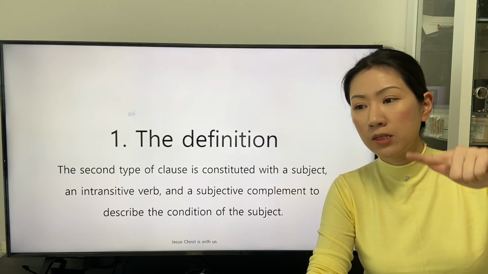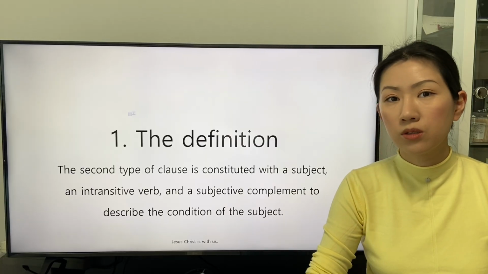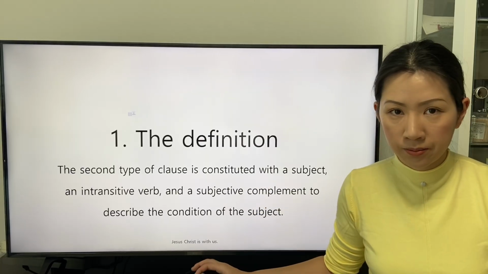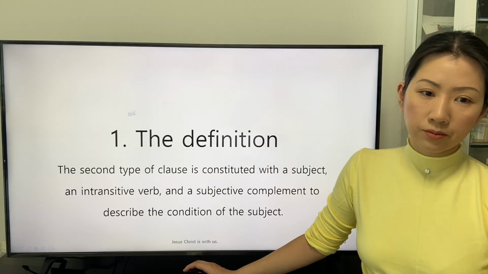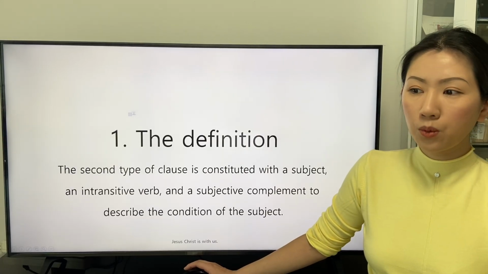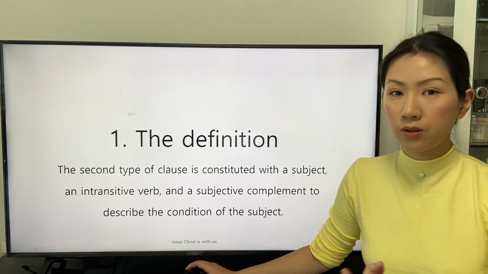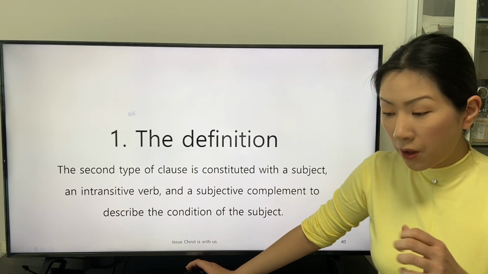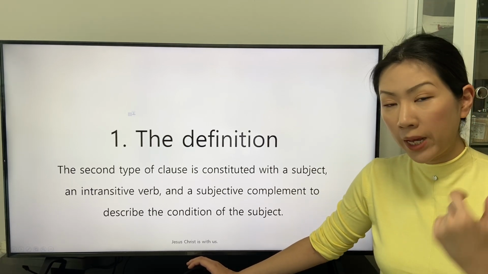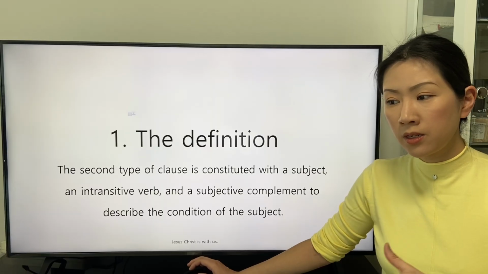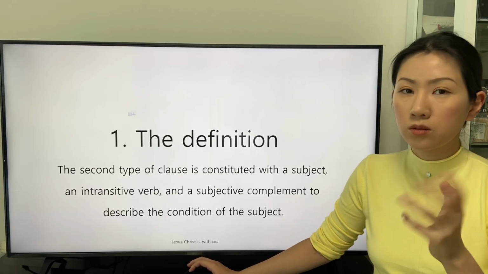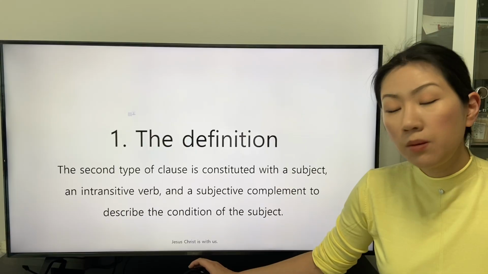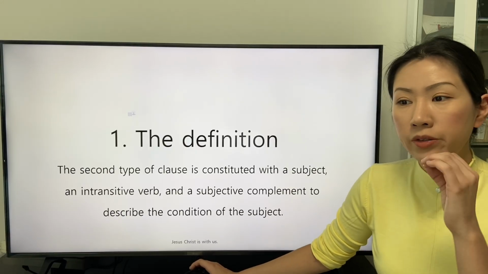And the second way is to define the subject with an indicative word. The first way is implemented by a descriptive word.